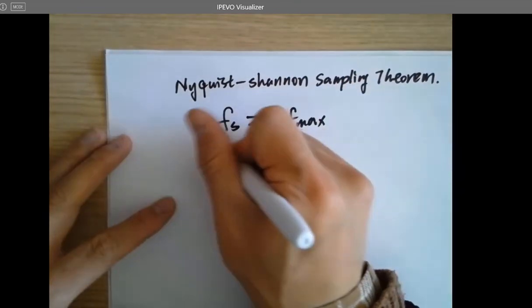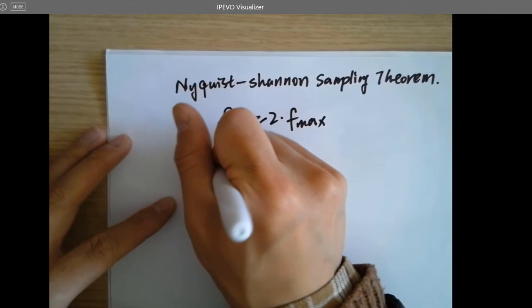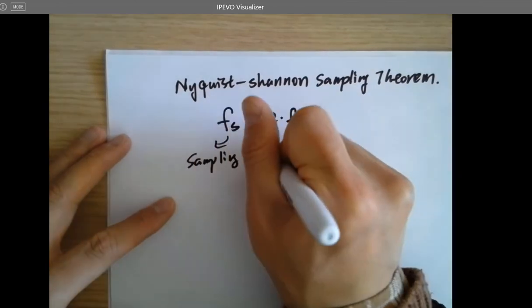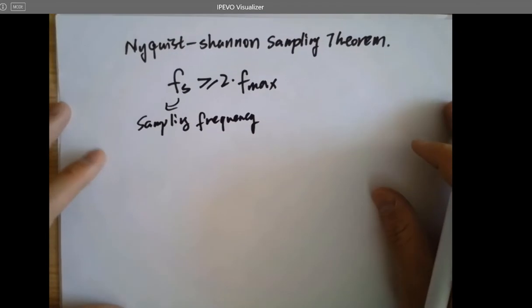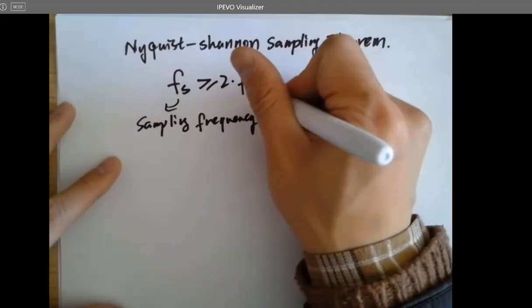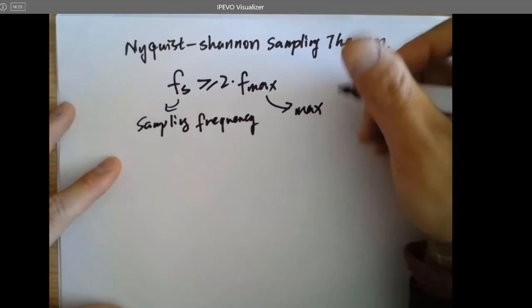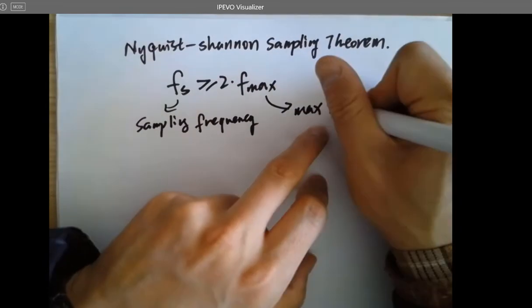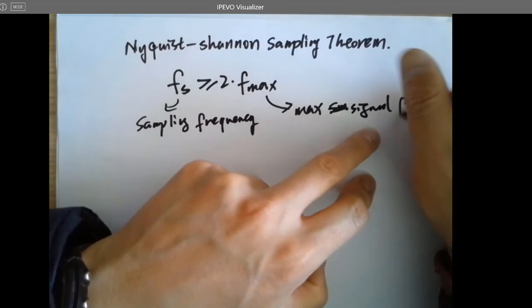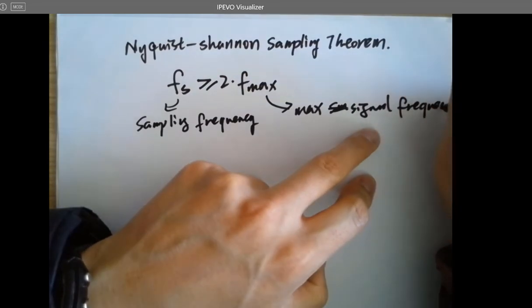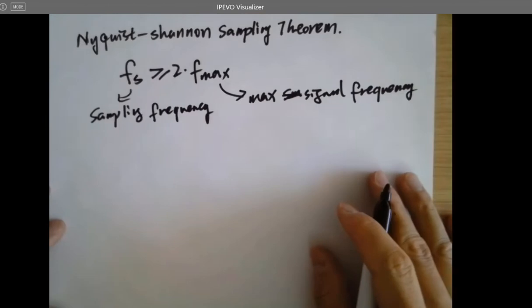That's the sampling frequency, and that's the max signal frequency.